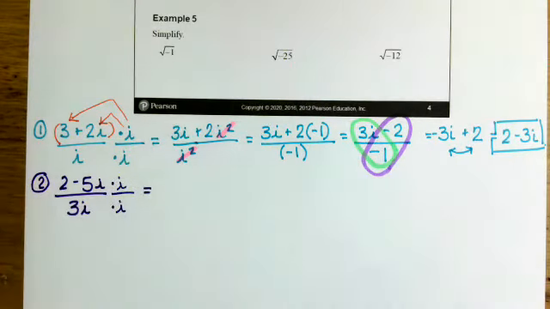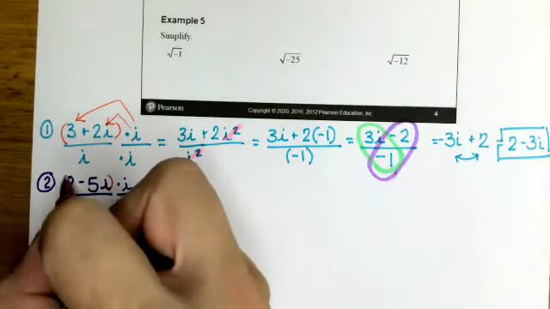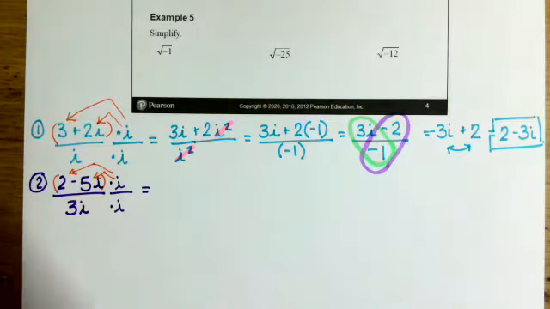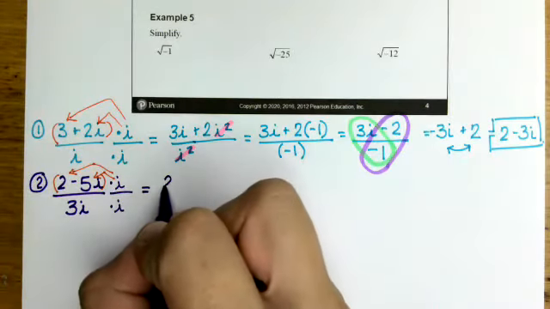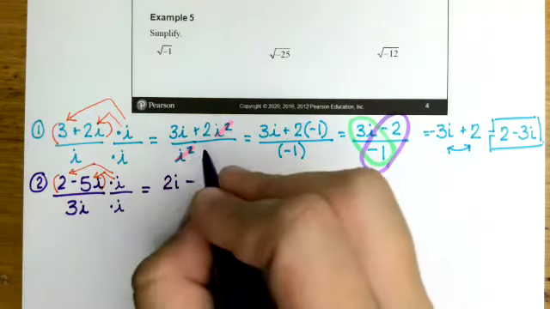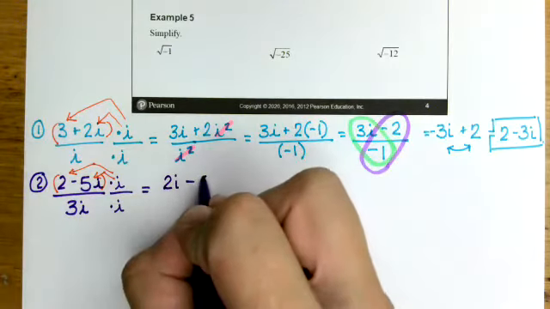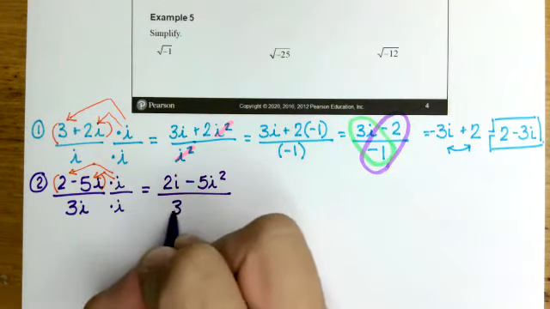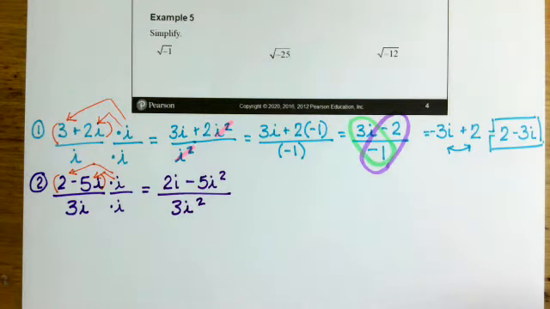So again, we have to distribute on the top. 2 times i is 2i. -5i times i is -5i squared over 3i squared.